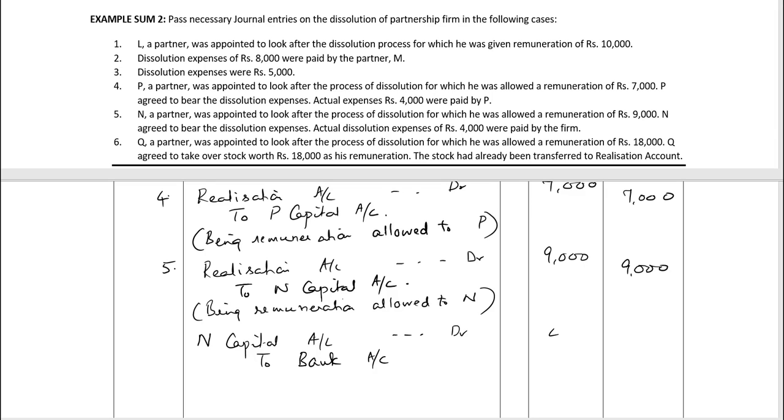Amount of expenses 4,000 rupees. Narration: being expense borne by partner paid by firm.